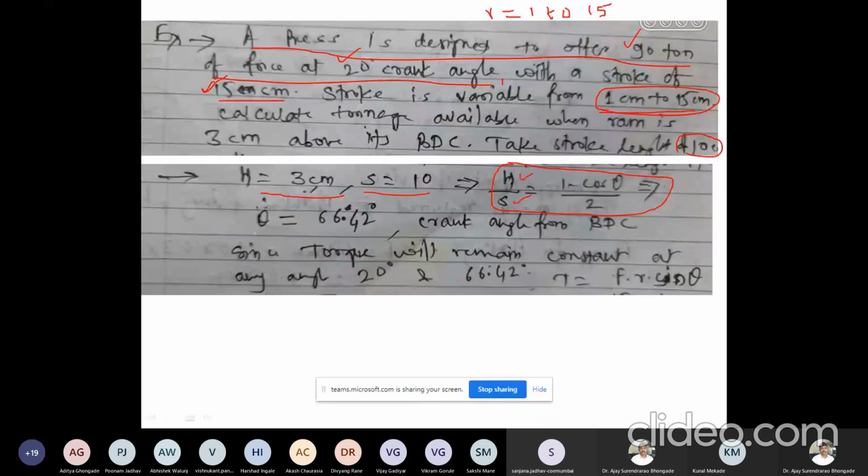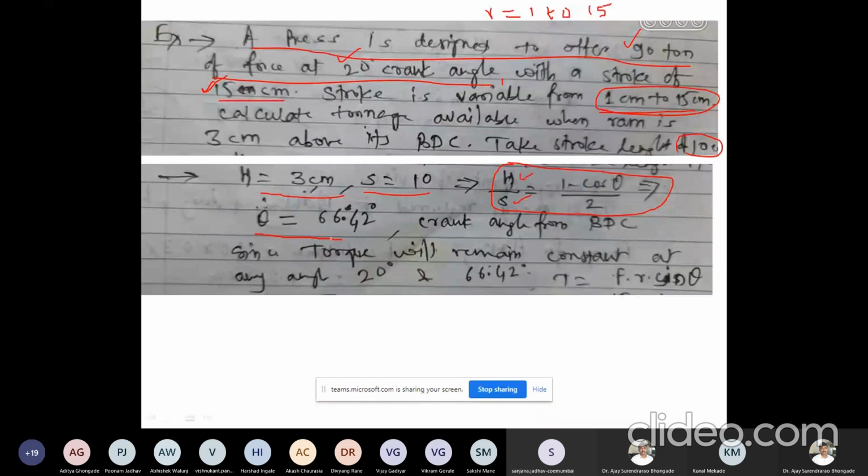If I work it out, we will get theta equal to 66.42. So the 90 ton we are going to get is at a 20-degree angle and a stroke length of 15 centimeter. Now for these particular values, we get theta equal to 66.42. Now we have to find out the value of the force for all this combination.